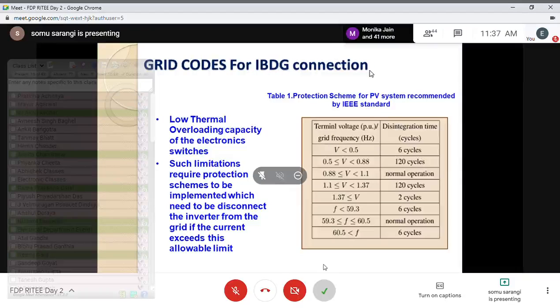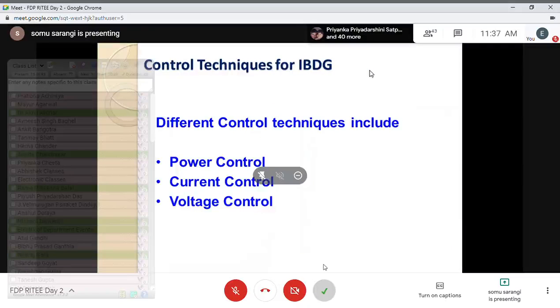Similarly for higher voltage also. We may also have frequency codes: if the frequency is less than 59.3, it will be allowed for 6 cycles, and if the frequency is greater than 60.5, it will be allowed for 5 cycles. And it also depends on what type of control technique we are applying for the inverter-based DG.